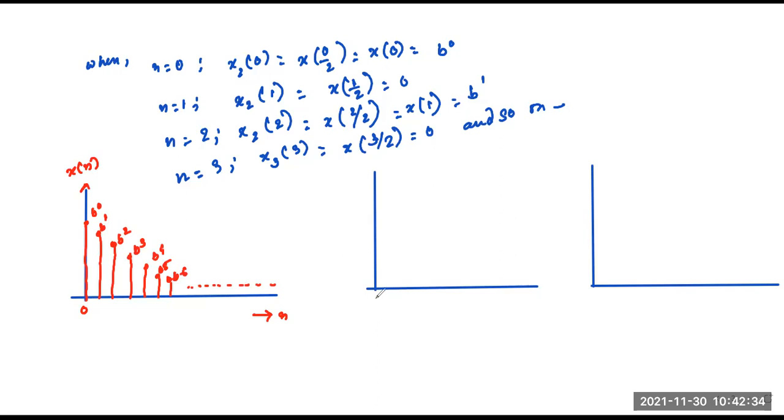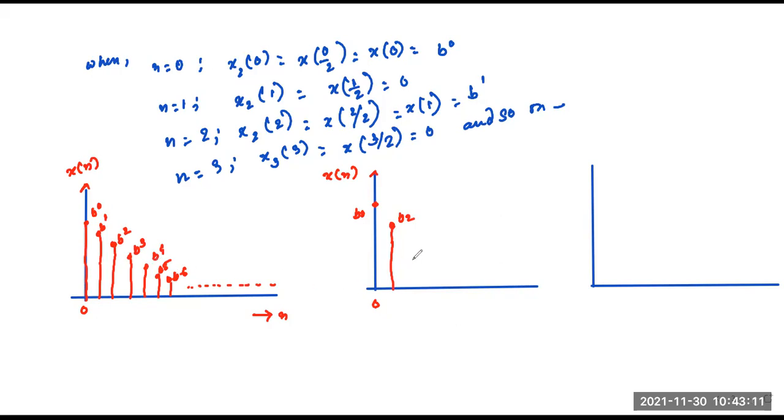Now again, the first downsampled. This is 0. This is x of n. So this will be the b0, no problem. Now is b2. So b2 is this one. So this will be b2. Next b4.